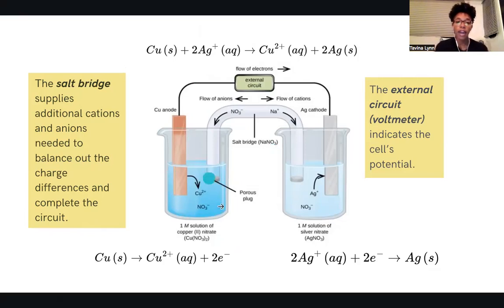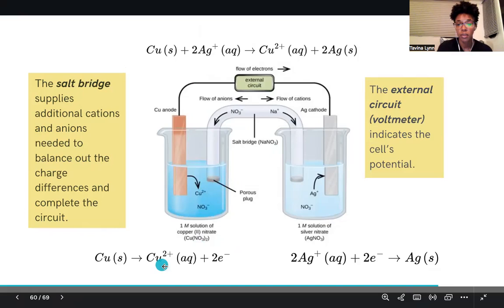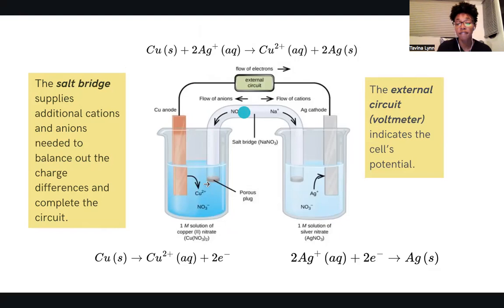In our oxidation half cell, we have this buildup of positive charge, because in our oxidation step, we're producing copper 2 plus. So to balance out that positive charge, the nitrate ions are going to flow into our oxidation half cell.